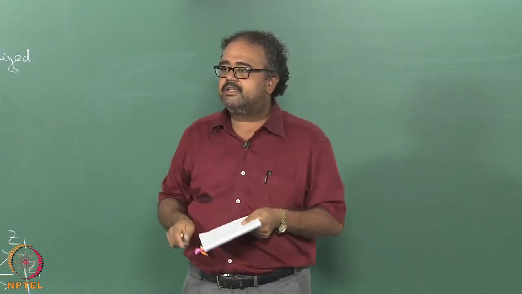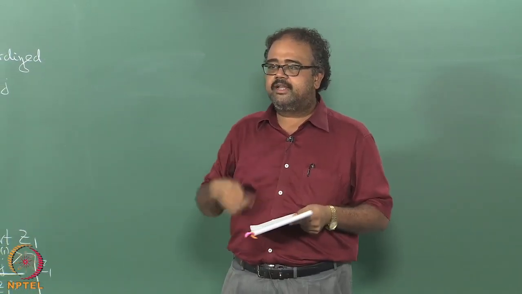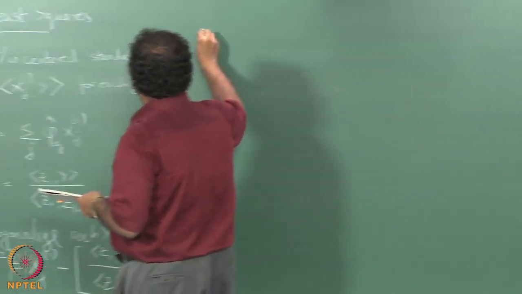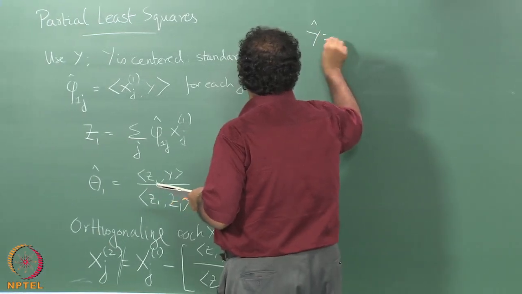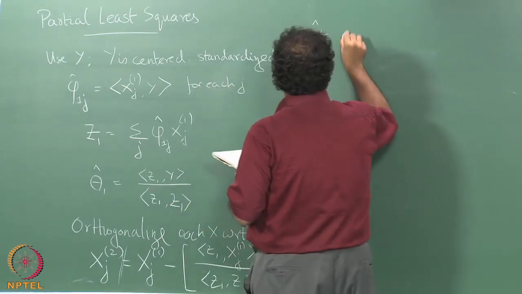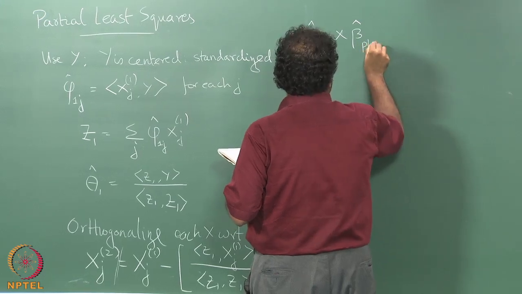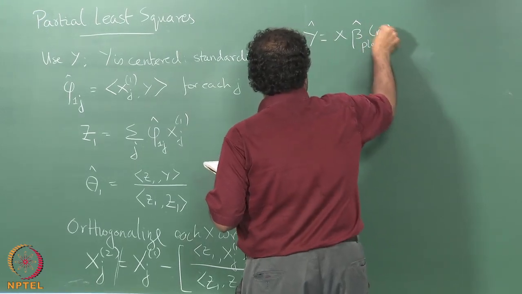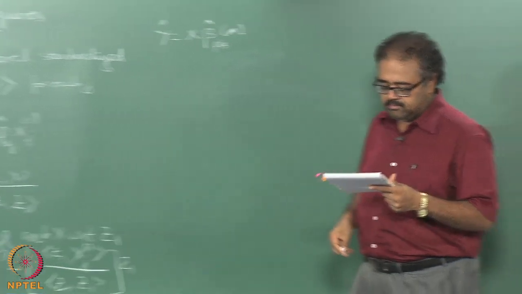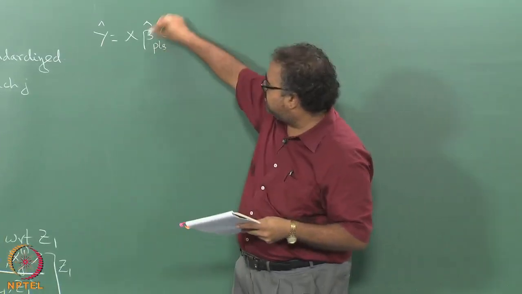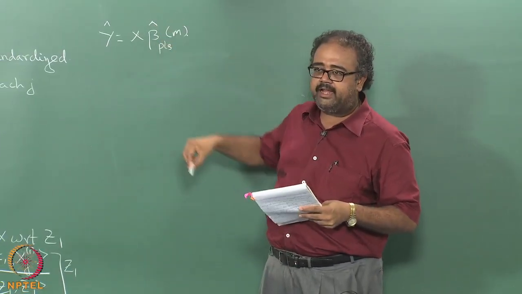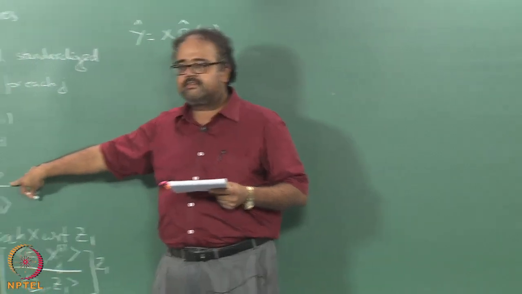Think about it, okay. You can do it as a short exercise, but I can eventually come up and write where I can derive these coefficients beta hat from these thetas, right.